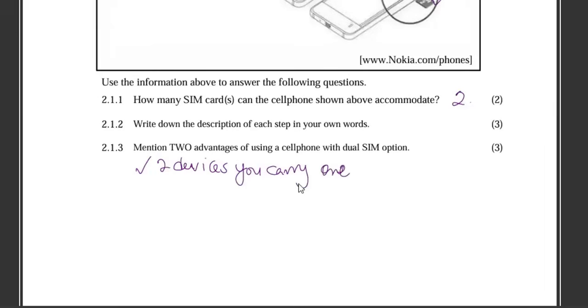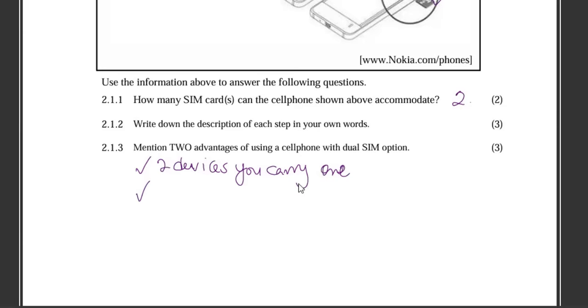It's 2 in 1. So you reduce the weight, and you reduce the chances of being targeted by thieves. It's one phone. Number 2, if one SIM slot gets faulty, you can easily use the other one.